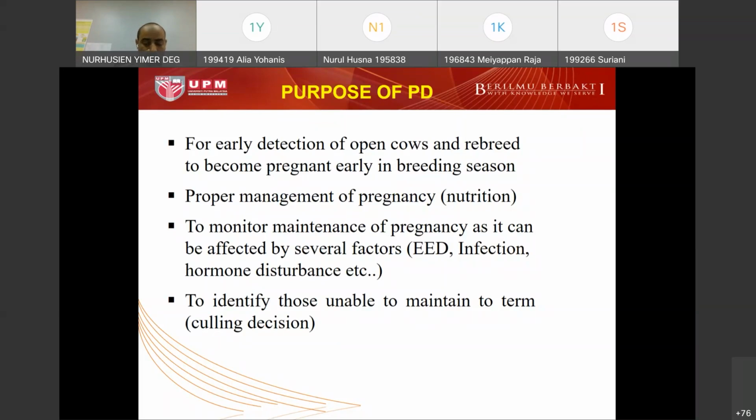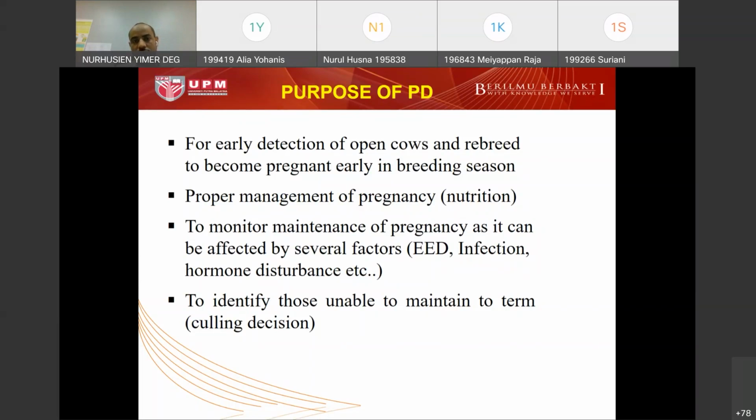The other important purpose of doing this pregnancy diagnosis is, once you have established pregnancy in a given animal, then you cannot be very sure that this pregnancy will be sustained up to term. It can happen, in the middle of the period, the pregnancy might be terminated, or abortion can happen due to several different reasons.